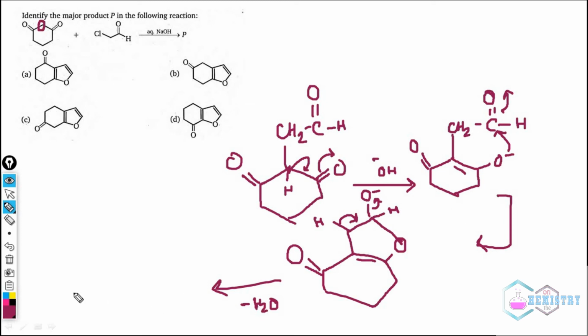We just skip that part, as you can always do it by yourself and it is a very easy step. So this will be our product, and let's find out which one of these it is. Well, option A is the correct answer here. So option A is the answer. Okay.